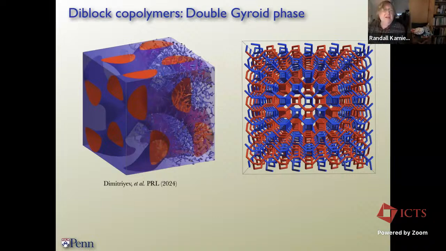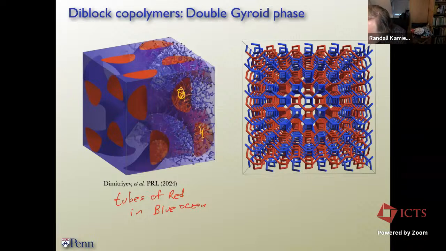Which you can see right here, right? Or here, this is tubes of red and an ocean of blue. So I said it backwards. So here are tubes of red in a blue ocean. So you have these red polymers forming this network, and there are two of those networks, and they're interpenetrating.